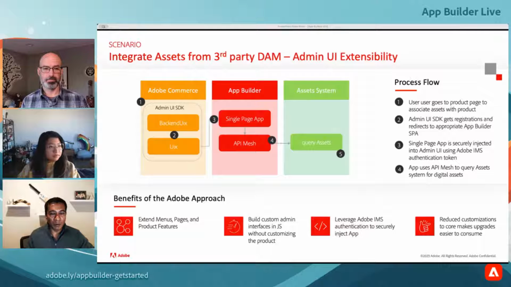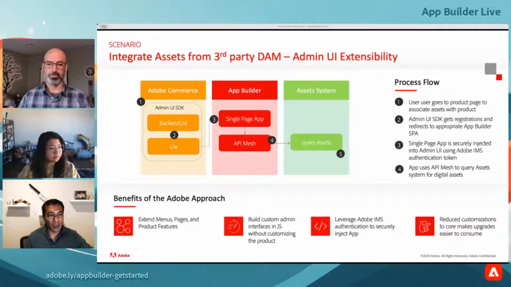And rather than have your merchants go to two different systems to do that, maybe you could build a single page app sitting in App Builder. That app could actually query your asset management system and bring back those assets. Now we can inject that app into the admin UI, right into the product editor page. So when a merchant is updating a product or anything like that, they could browse assets sitting in a third-party system and associate it with that particular product that they are working on at the time.